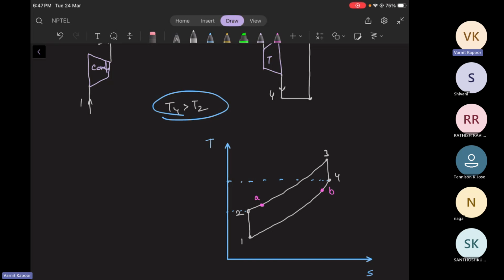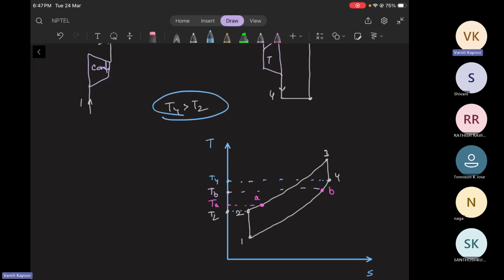So let me make the points here. Point A will be this temperature TA. The B temperature will be this TB, and this is T4, and this is T2. So we have marked all the temperatures here: T2, TA, TB, T4.